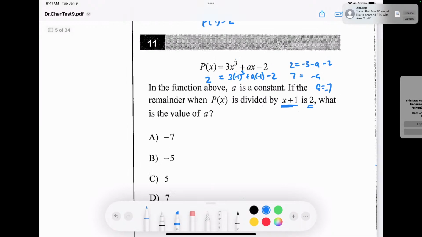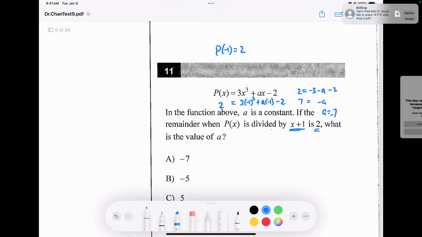X plus 1 equals 0 because you say p of minus 1, so I think it must be x plus 1 equals 0. So x equals minus 1. No, I don't think so. A is equal to negative 7, yeah. I don't understand what she's trying to say. Can you tell me again? How can you have p of minus 1?